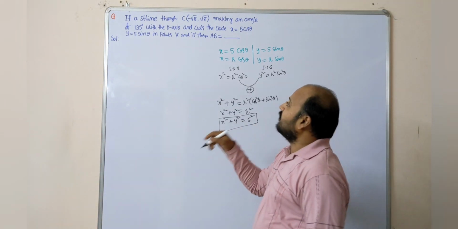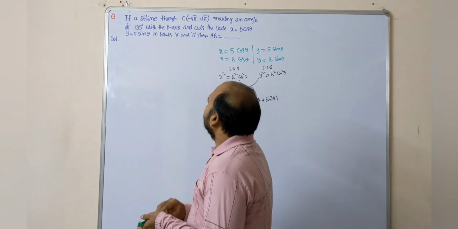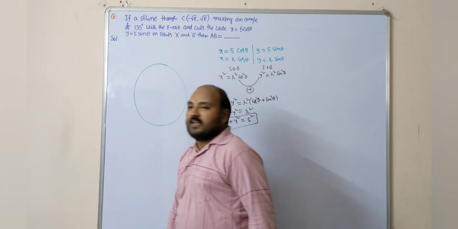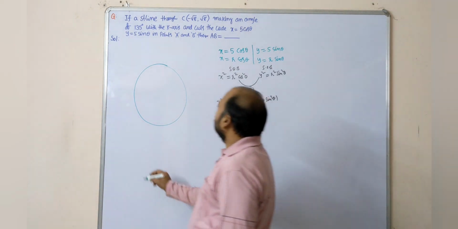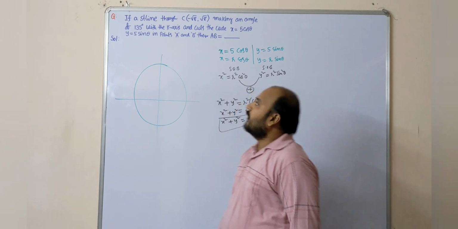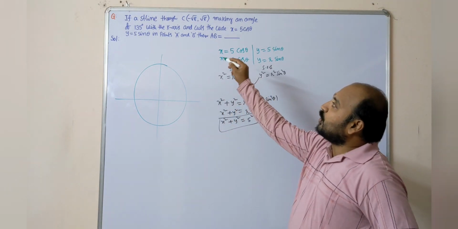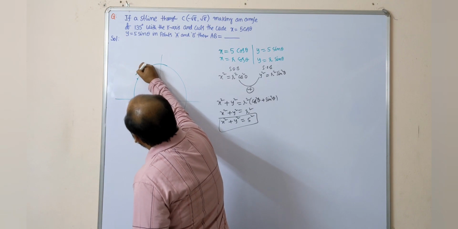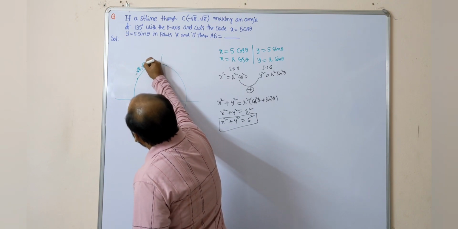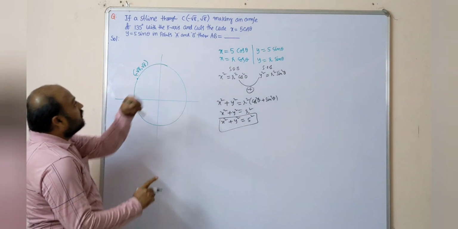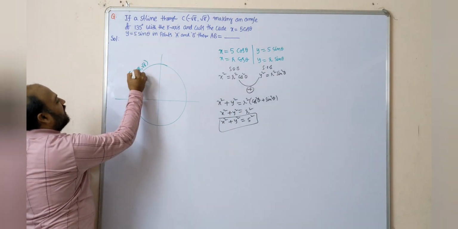Okay, first draw the figure also. This is the circle equation. A straight line through (-√8, √8), here it will be minus root 8 comma plus root 8. A straight line through the point C. This is the point C, dear students.